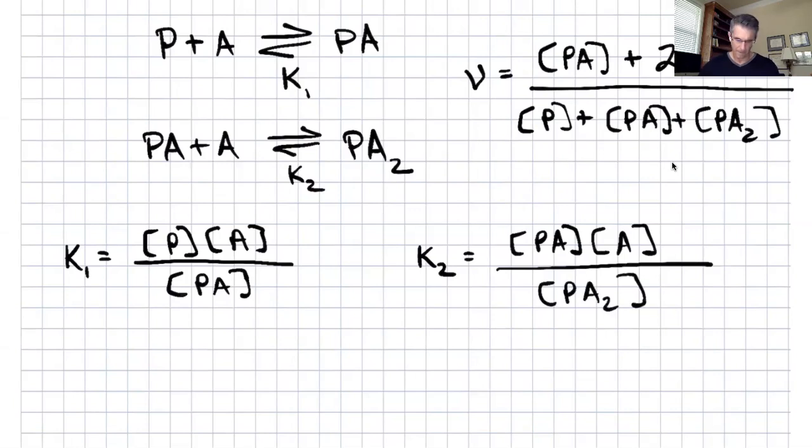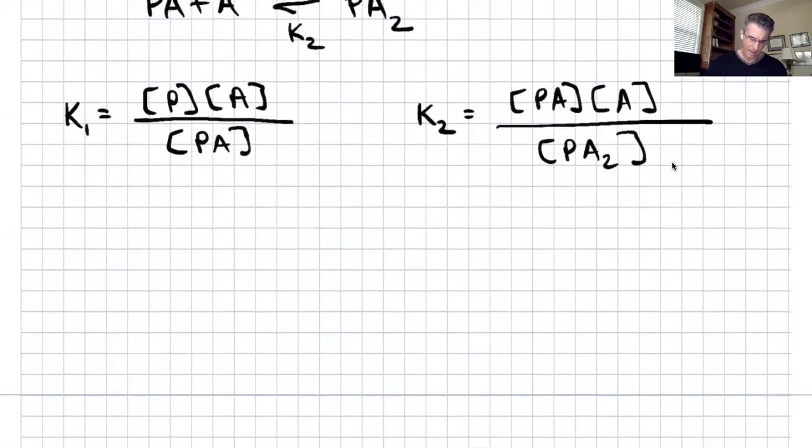Nice, straightforward. Okay, well, we can rearrange this, because remember, the name of the game in these sort of derivations often involves, at least to begin with, reducing the number of variables. We've got a lot of variables, so let's see if we can combine expressions and make this a little bit cleaner. So let's rearrange that expression for K1 first. That's easy. Solve it for PA.